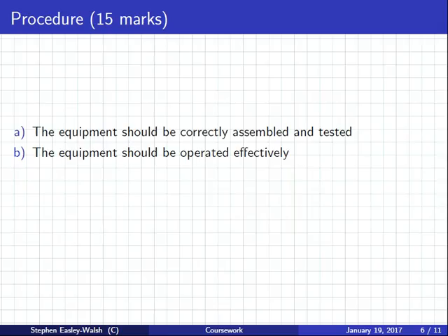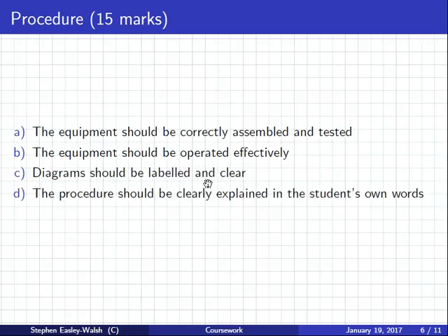I can see that if the U and the V are right. For example, your V should be bigger than your U, obviously. The diagram should be labelled and clear. The procedure should be clear, and now this is important, in the student's own words, so not a procedure from the internet. And that's the main things for the procedure.